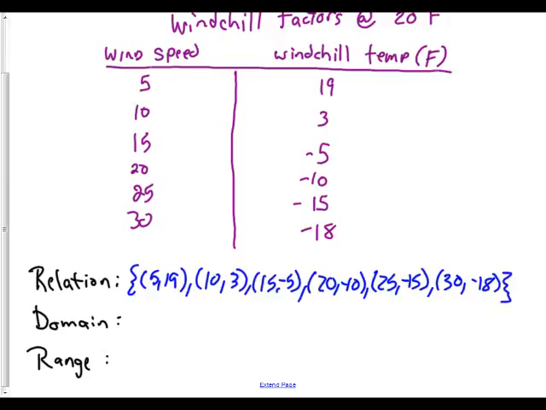Now, in writing the domain, we also use set notation. So we have a big bracket, and we will list the numbers in the domain. Remember, the domain are the x values. So our domain would be listed on the left, so that would be our wind speed values: 5, 10, 15, 20, 25, 30.